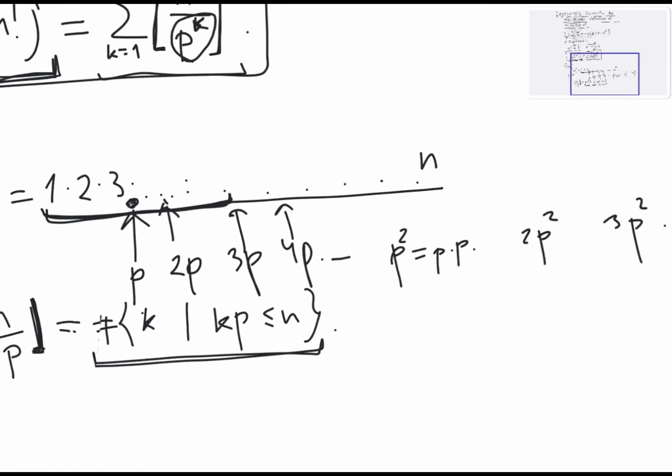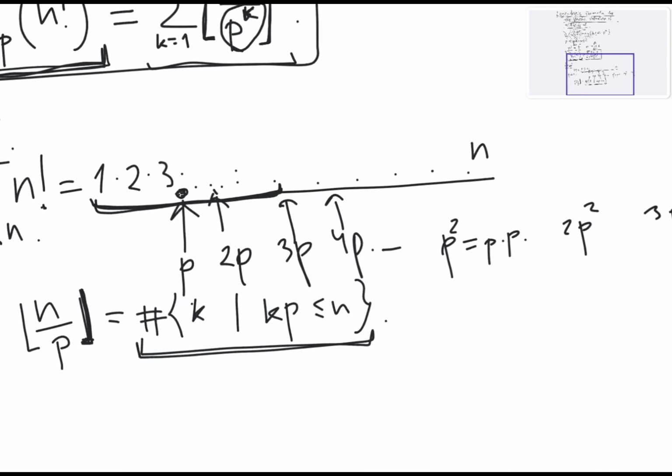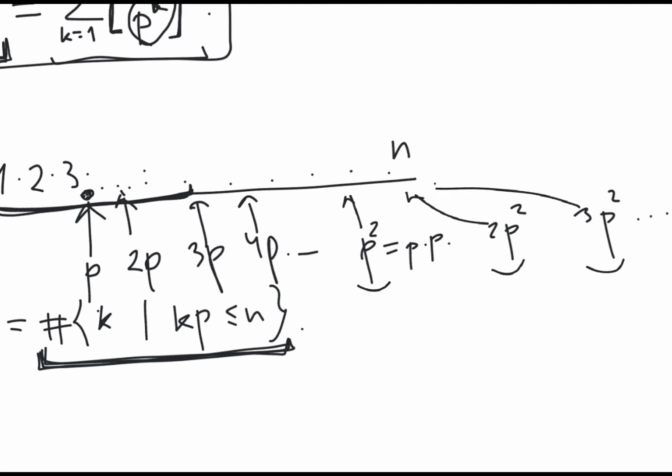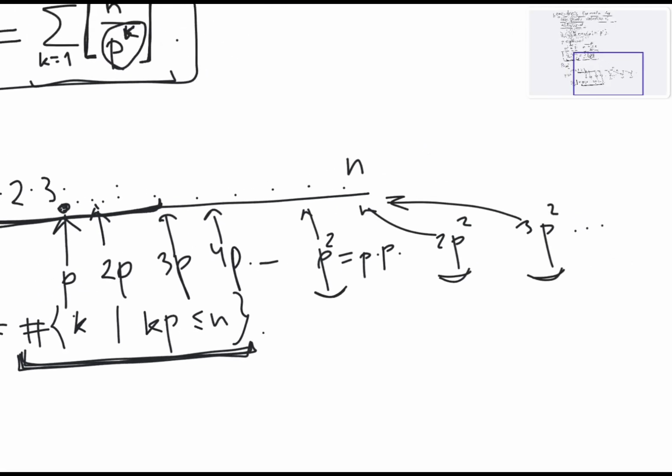Because one of them is already counted in the previous set, we need to add one more for each number divisible by p squared, if they are still less than n. How many such numbers do we have?